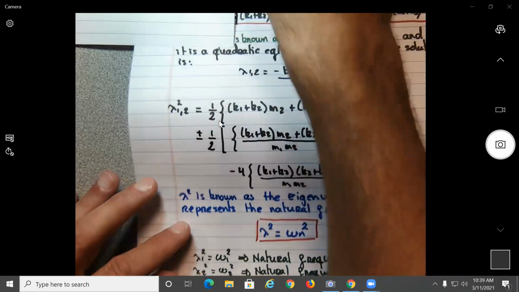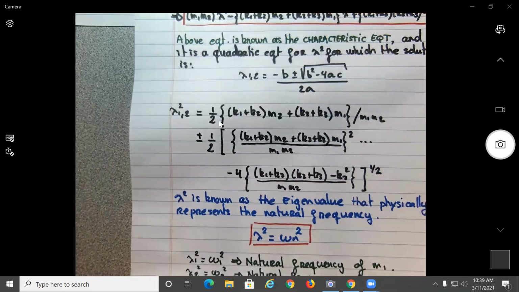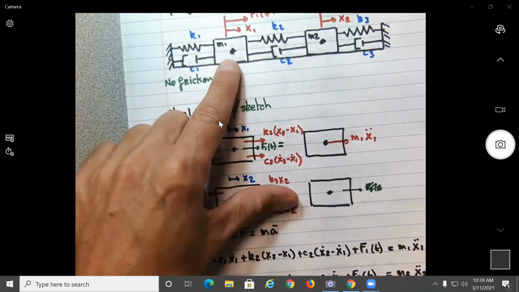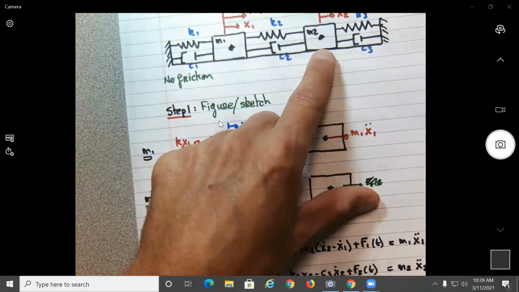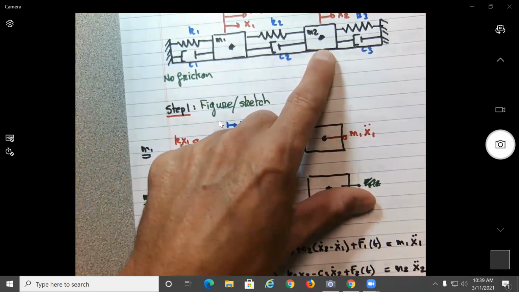Okay, so what does that mean? That if we go to this figure, lambda 1 square gives you the natural frequency of this block, lambda 2 square gives you the natural frequency of this block. Okay?